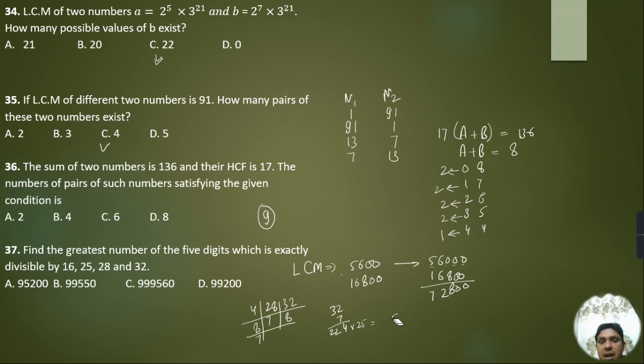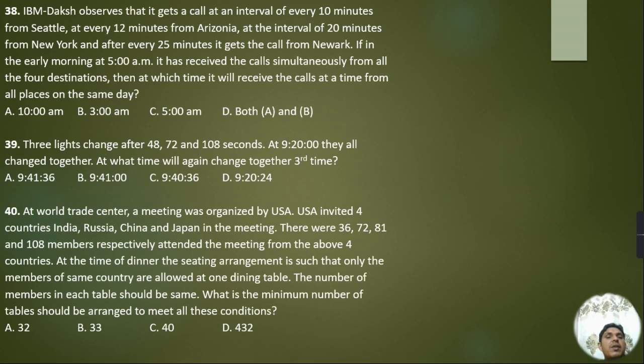When we add, this will be 16800. So students, you can find this by finding the LCM and getting a multiple.